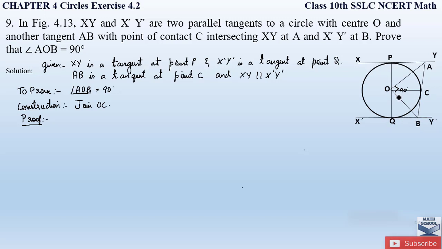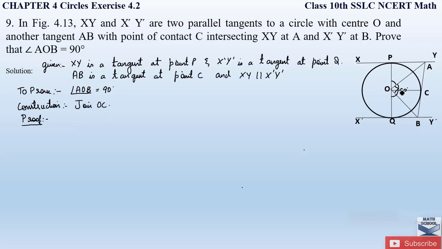If any two triangles are congruent, then the corresponding angles will be equal by the CPCT property, that is corresponding parts of congruent triangles. So likewise we can say that all these angles will be equal. Then we can apply the linear pair property, where all the angles on a given line add up to 180 degrees. So by applying the linear pair property, we can prove that this angle AOB will be equal to 90 degrees.